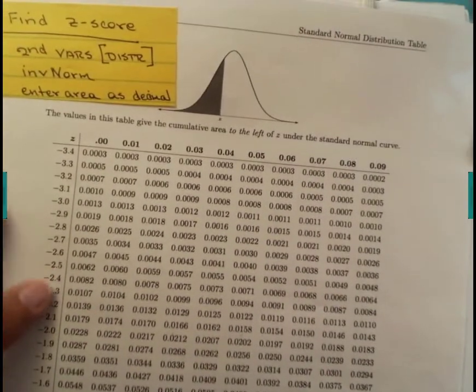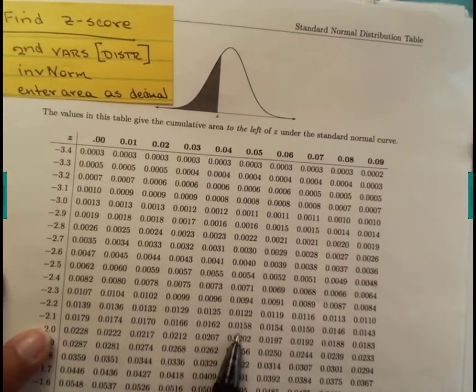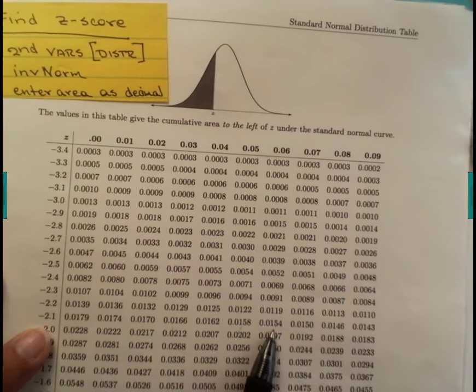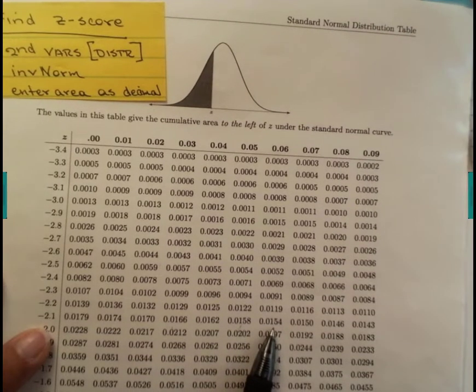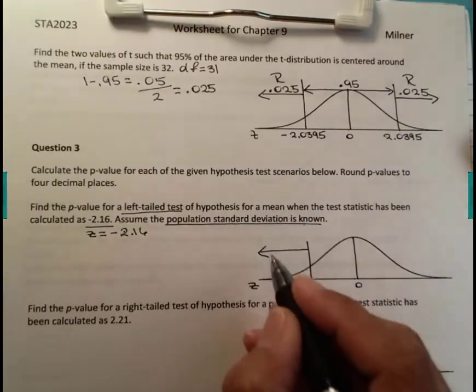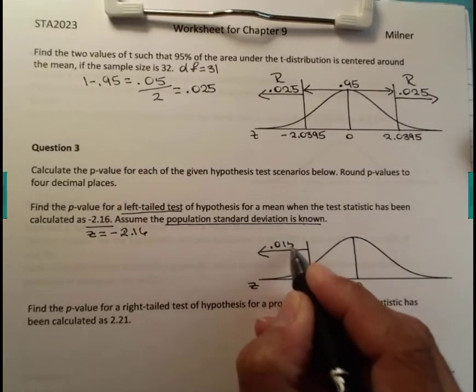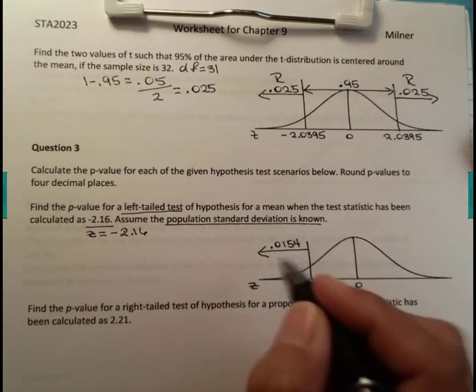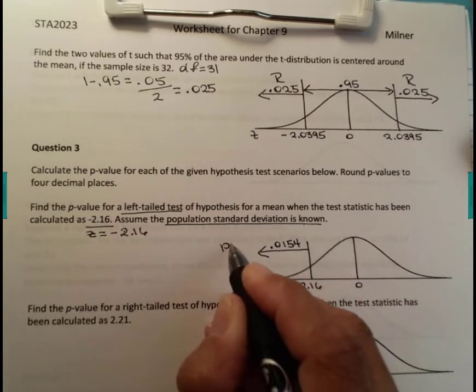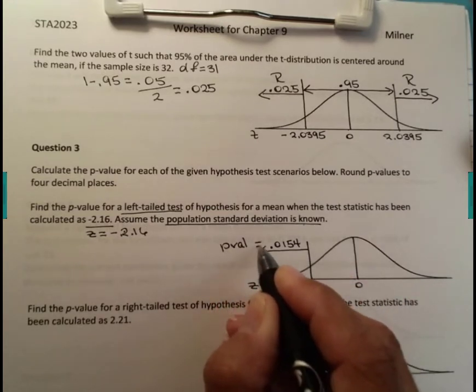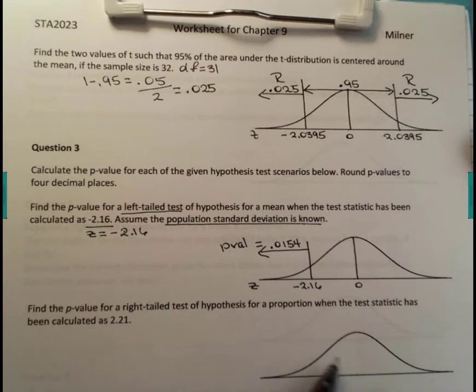Negative 2.1, and I go over to 6, 0.0154 is how big that area is. That is the p-value, okay? The p-value is the area in the tail past the critical value, whatever it is, z or t.